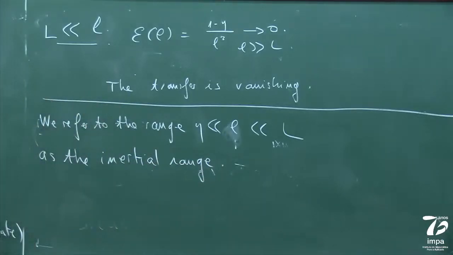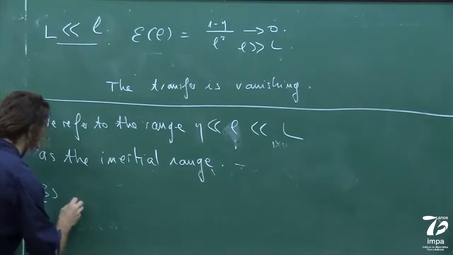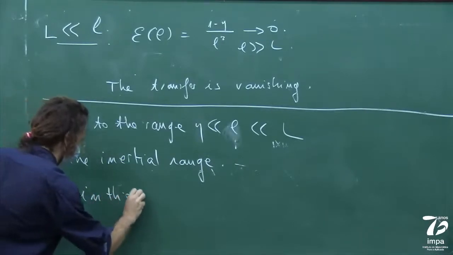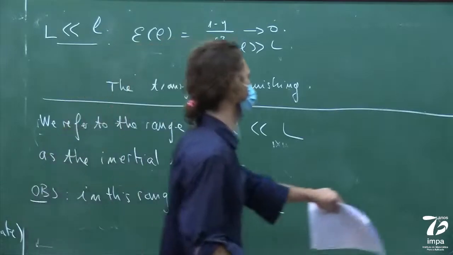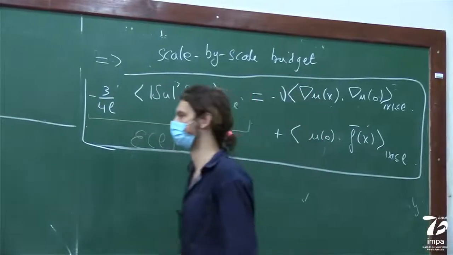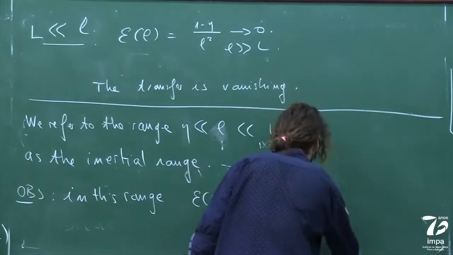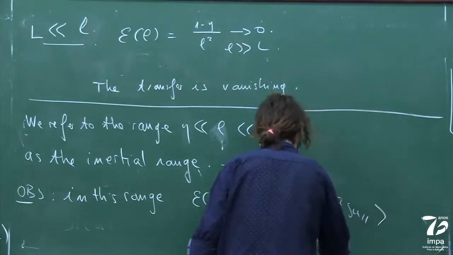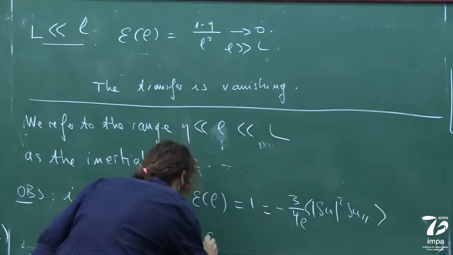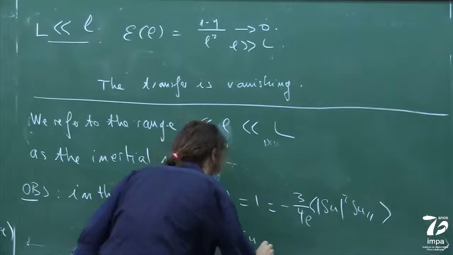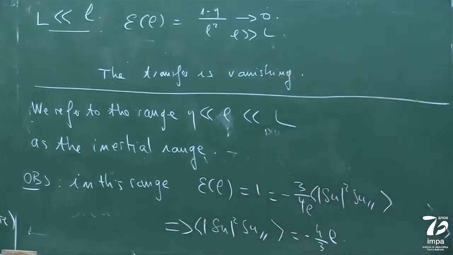Okay, and so in the inertial range, observation in this range, epsilon L is equal to 1 on the one side, and it's also equal to this quantity, minus 3/4 of delta U square delta U parallel, which means that divided by L, delta U square delta U parallel is minus 4/3 of L. Okay?